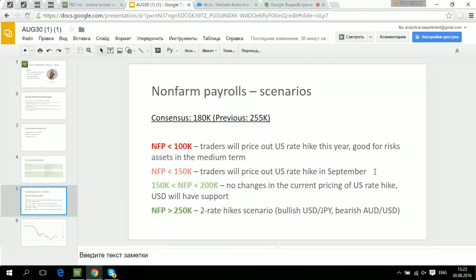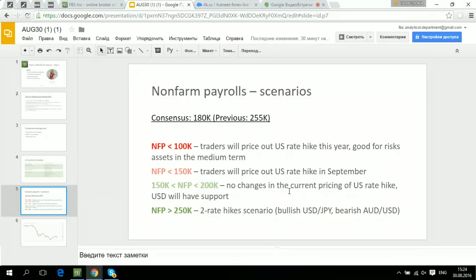So the US dollar won't get a big move from the non-farm payrolls report. But all can happen. We know that non-farm payrolls is a very difficult thing to predict because analysts don't have the information that the US Labor Department has, and often even these consensus estimates are not very accurate.